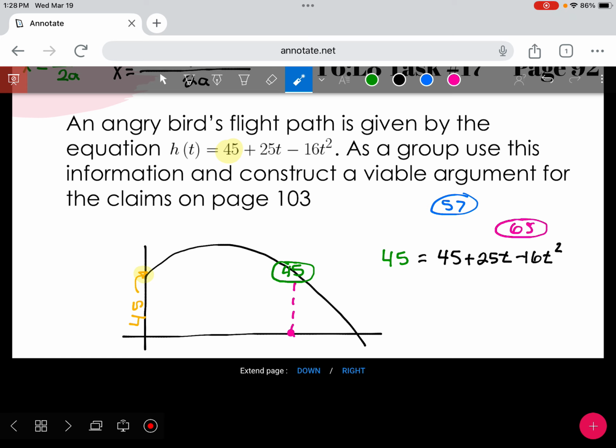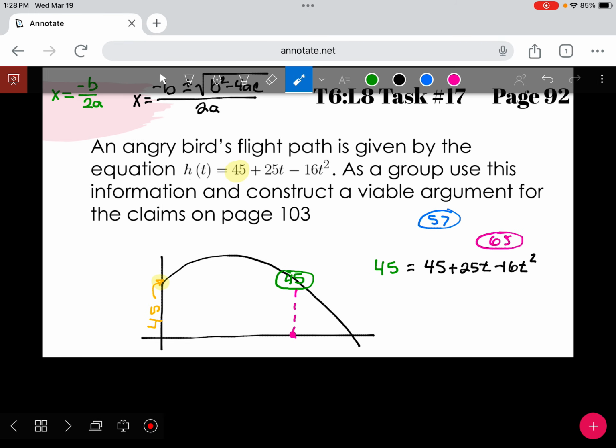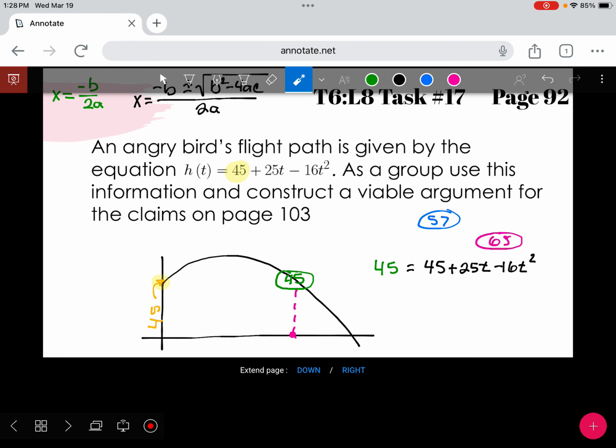Or find our vertex. Because our vertex is going to be our absolute highest that it goes. Its peak, its maximum. So that's when we would use this guy, our minus b over 2a. That gives us the x value of our vertex. Or in this case, the t value of our vertex, because they've got them all labeled as t's.